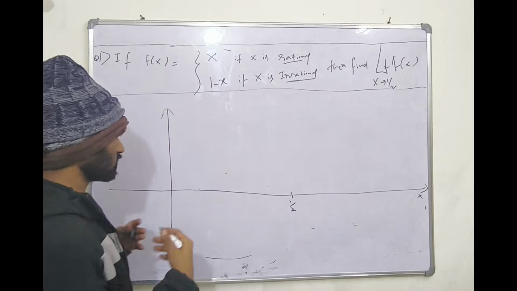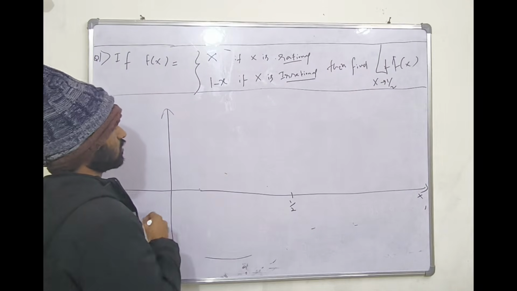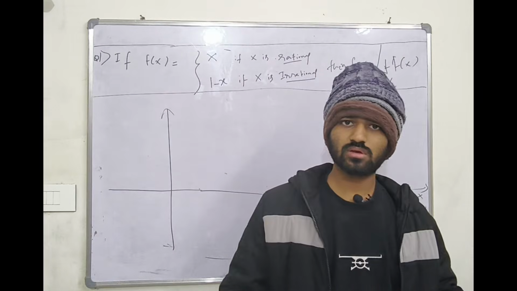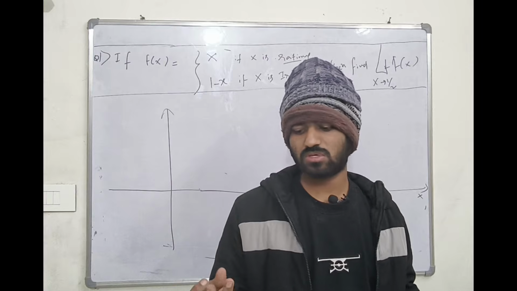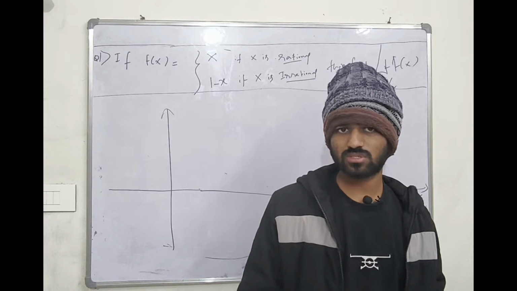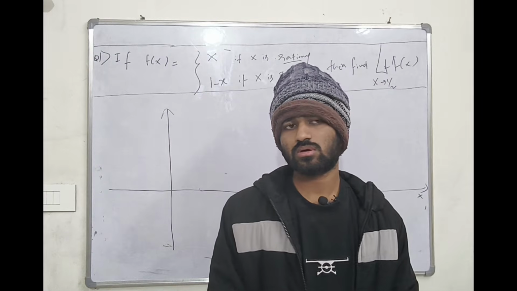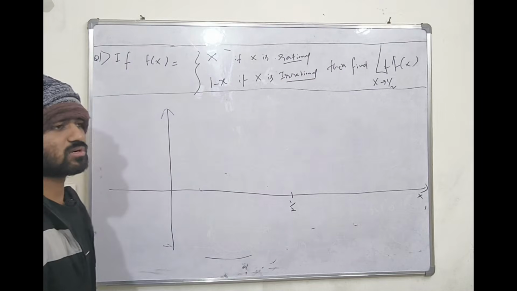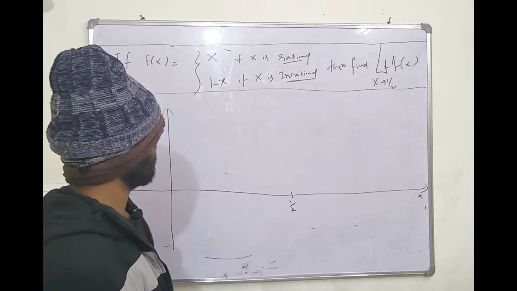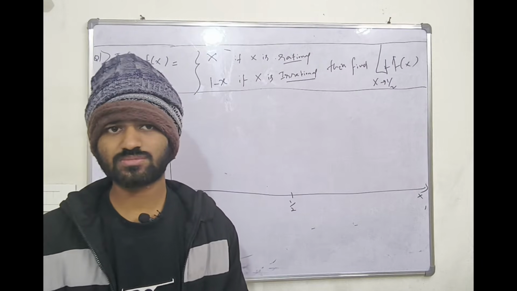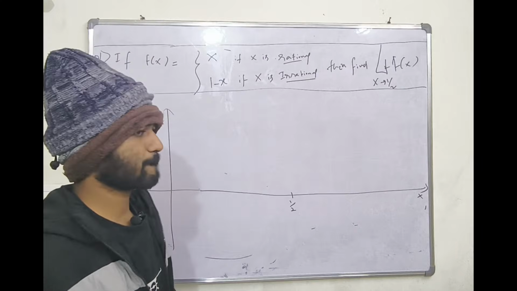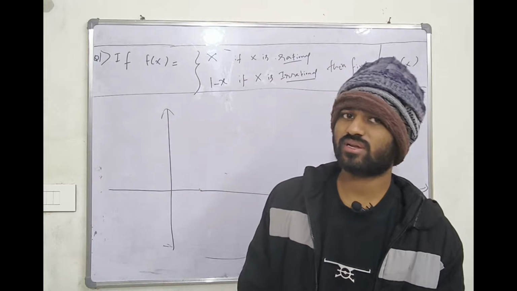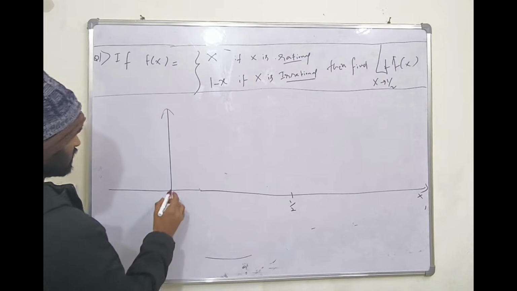When I'm approaching from the left side towards 1 by 2, you can observe there are infinitely many real numbers, and complex numbers also, since real numbers are part of complex numbers. In those real numbers you will observe infinite rational numbers and irrational numbers. So I'm approaching from the left side.